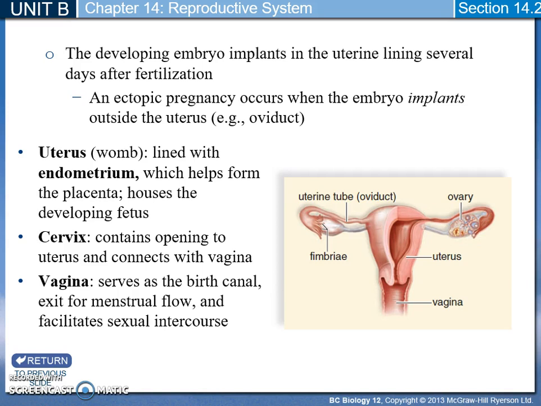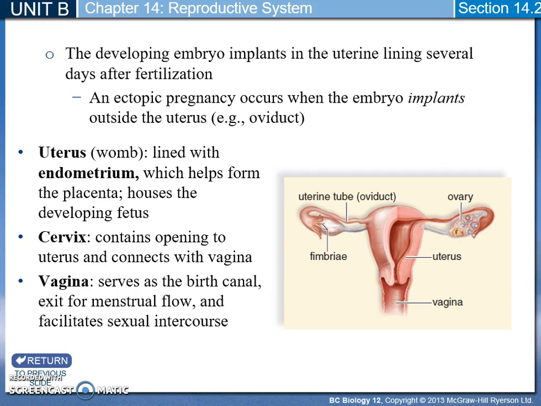The uterus is lined with the endometrium, which helps form the placenta of the developing fetus, and the uterus houses the fetus during its development. The cervix, which is not labeled on the diagram, is a structure that contains the opening to the uterus and connects the uterus with the vagina. The vagina serves as the birth canal, is also the exit for menstrual flow, and facilitates sexual intercourse.